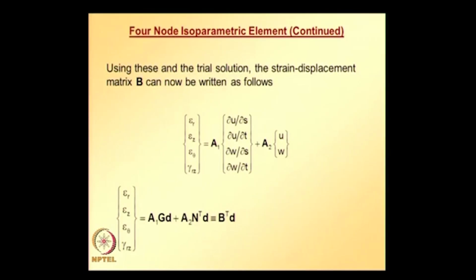B is equal to A1 times G plus A2 times N. We already defined A1, A2, G, and N is the matrix consisting of finite element shape functions.